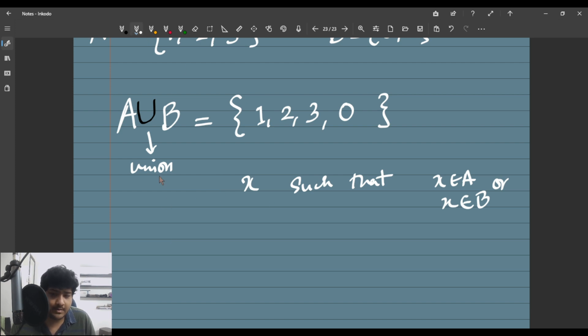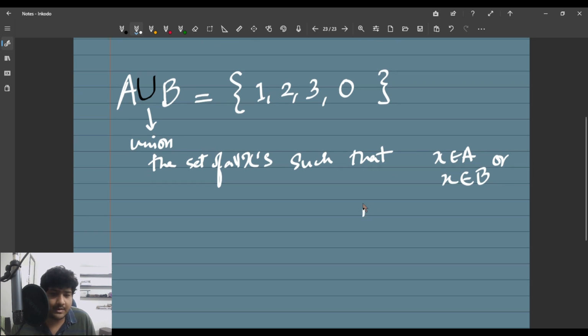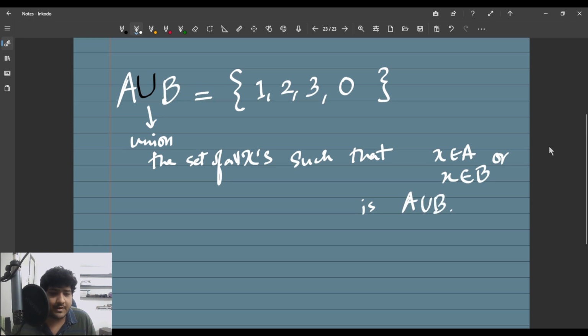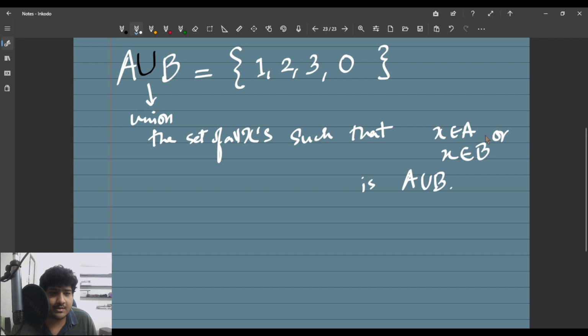I'll write the whole statement. The set of all x's where X belongs to A or X belongs to B is A union B. So this is the proper definition written in mathematical language.